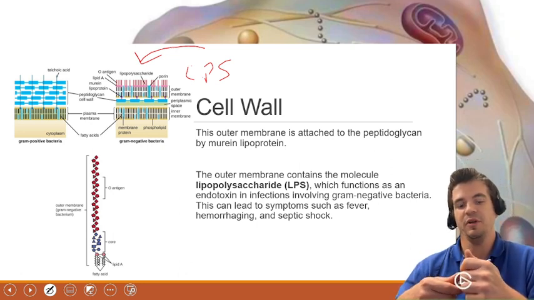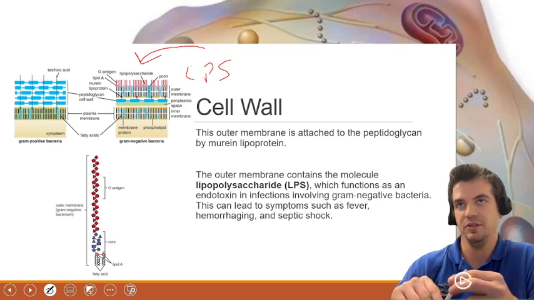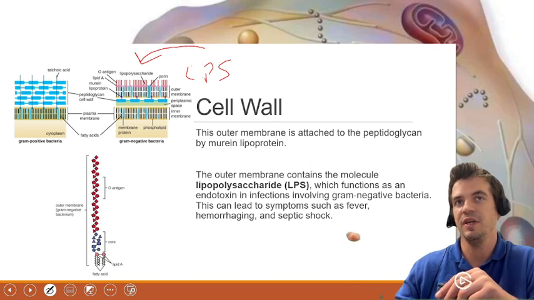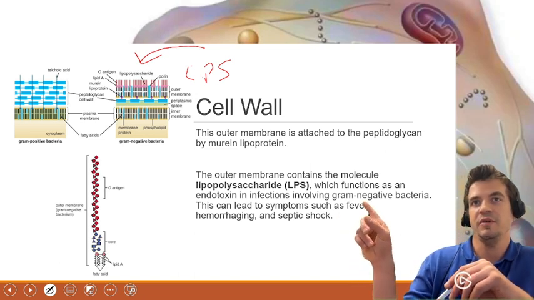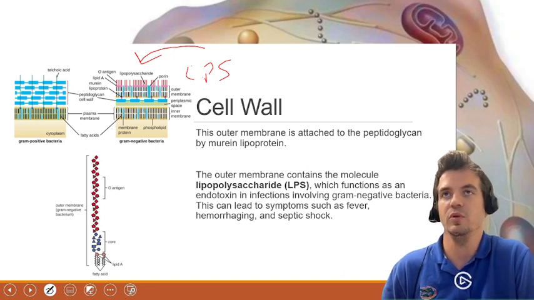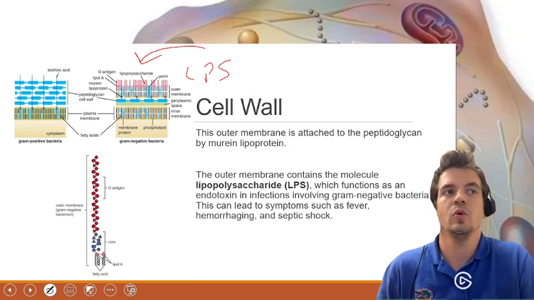So when you are infected with something gram negative, it's not as easy as just destroying it. Keep that in mind. The key words here are LPS, lipopolysaccharide, and endotoxin. Endotoxin should probably be bolded. All right, and with that, we will pick back up with glycocalyces.